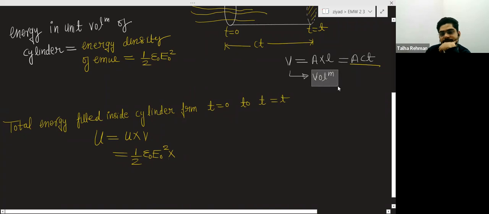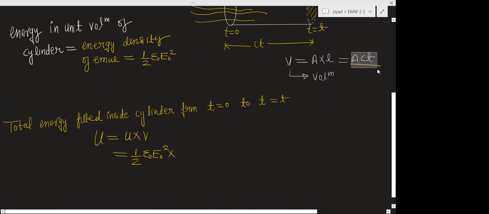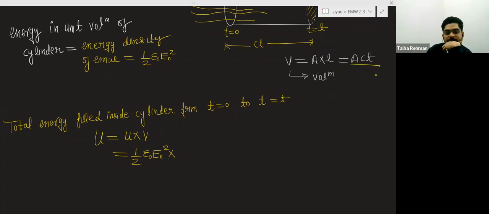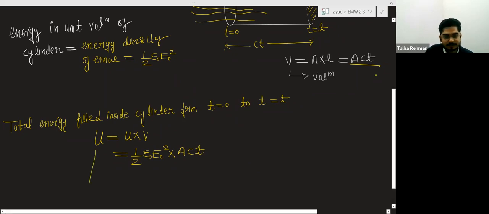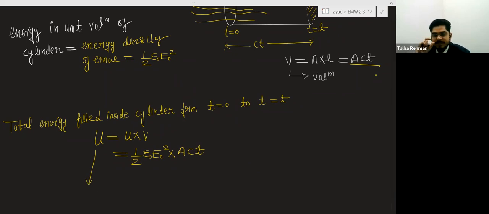So basically, volume is A into c into t. So this is the total energy contained in the cylinder in time t.